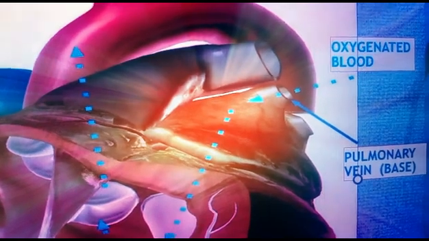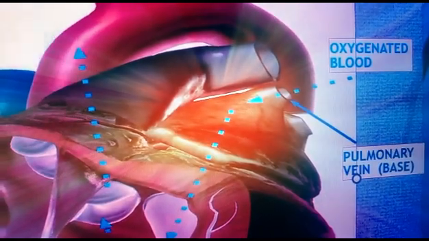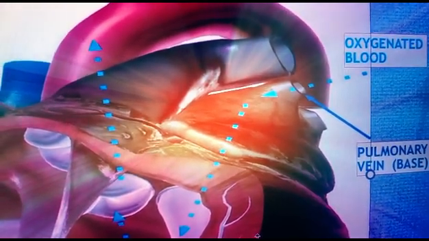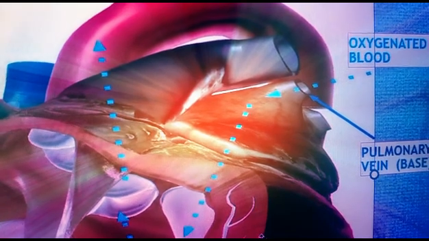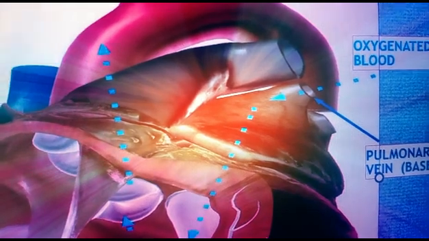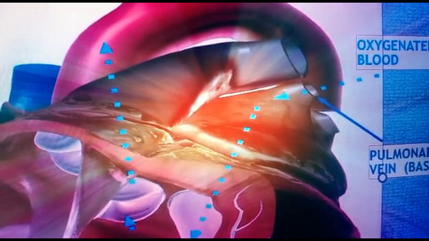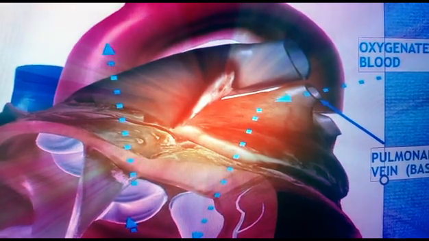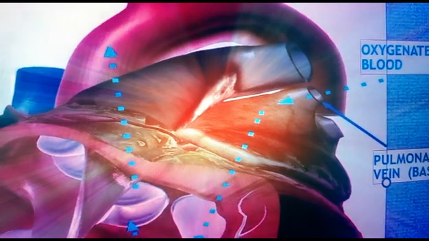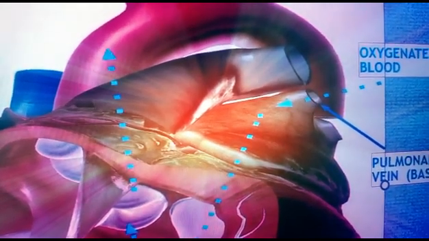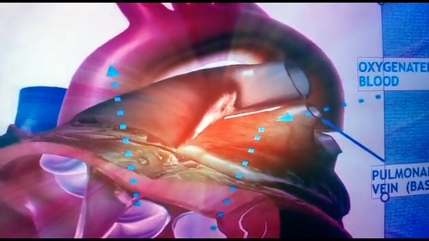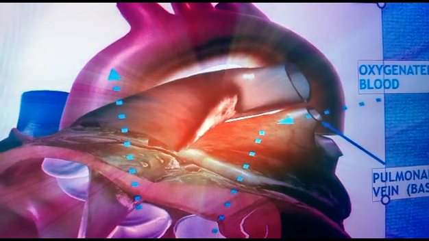Just take a look at it. We have said that once the blood reaches the lungs, it will go to the pulmonary vein, and that's when the blood is already oxygenated, because it passes through the lungs. From the pulmonary vein, it will go to the left atrium, and from the left atrium it will pass through the mitral valve into the left ventricle.